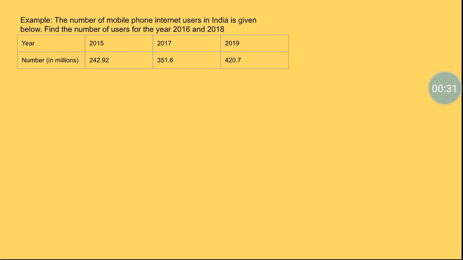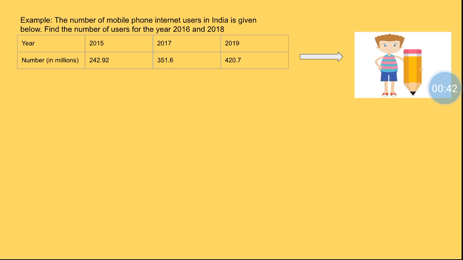If the question is to find the number of mobile phone internet users for the year 2016 and 18, it would be easy for us to find for 2016 and 18 by applying Newton's interpolation formula.